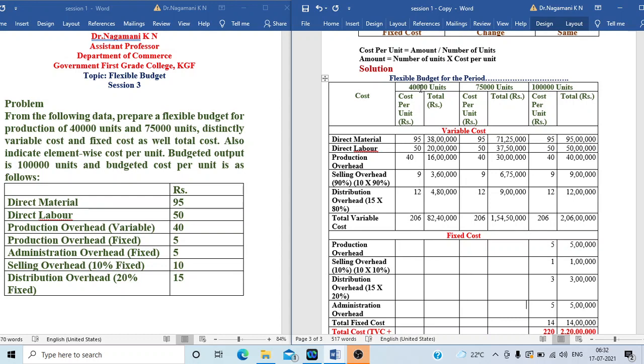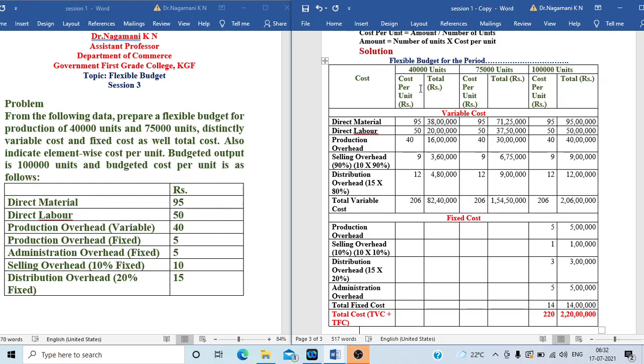Next we have to fill the fixed cost. Here fixed cost per unit will change and fixed cost amount will remain same. So we need to enter the amount first. Production overhead amount for 1 lakh units is 5 lakhs. Same amount will come for 40,000 units as well as for 75,000 units.